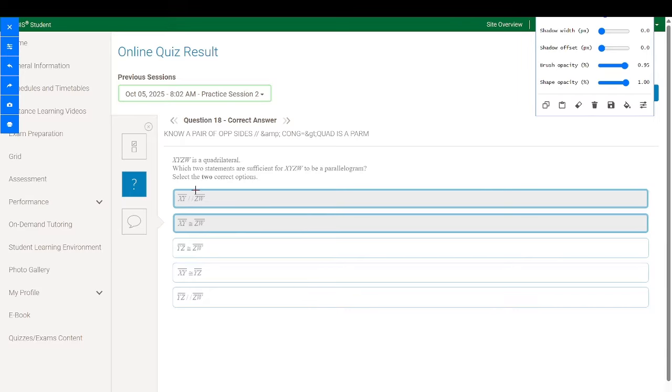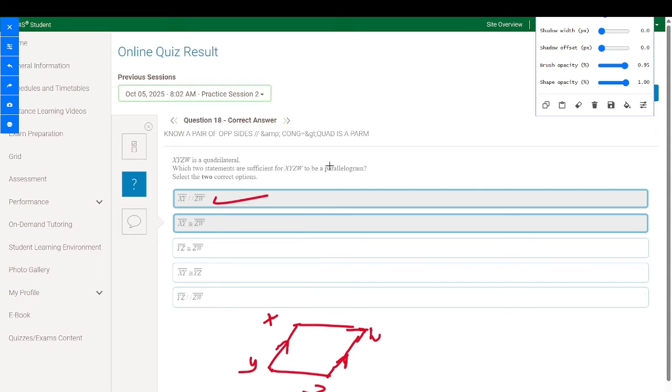Now, X, Y, Z, W is a quadrilateral. Which two statements are sufficient for X, Y, Z, W to be a parallelogram? Let's draw it. We have X, Y, Z, W. Now we have XY parallel to ZW.